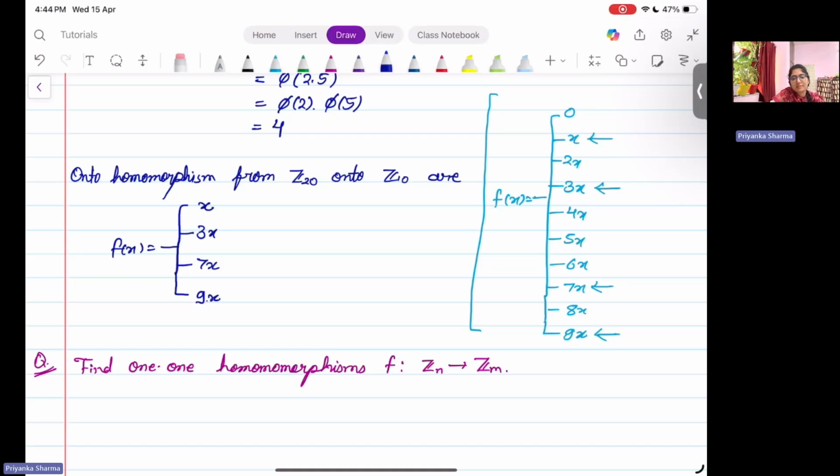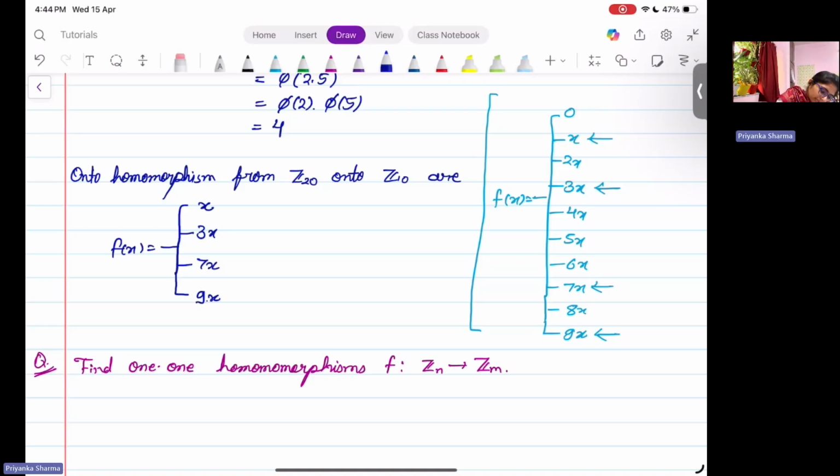Similarly, 3 and 7 both are generators of Z10. And 2, 4, 5, 6, and 8 are not co-prime with 10, so they are not generators of Z10. Their orders will be less than 10 in Z10.